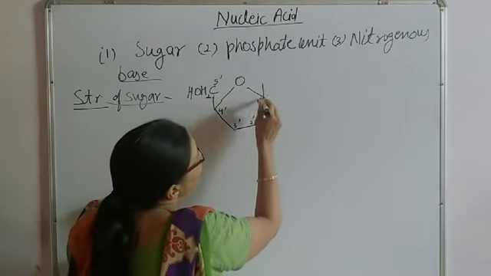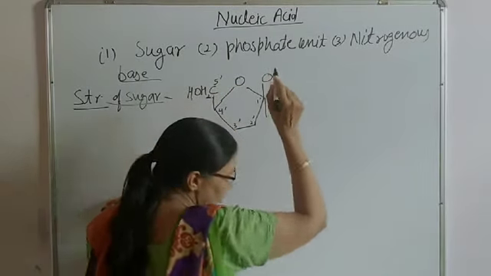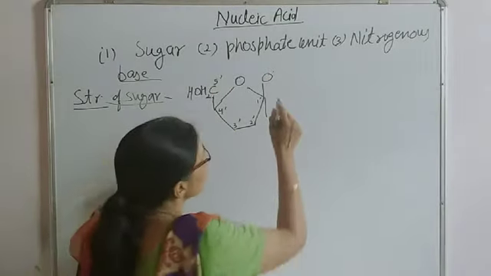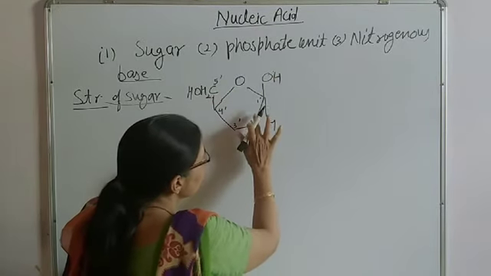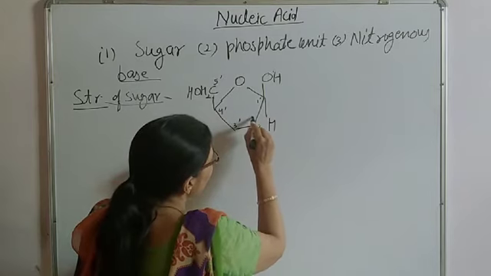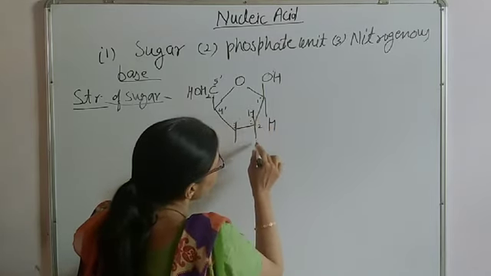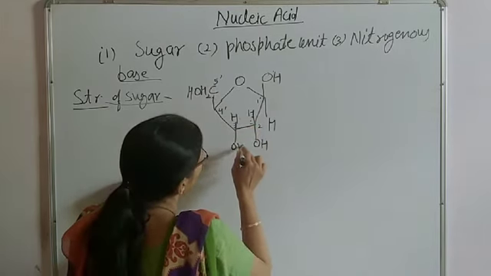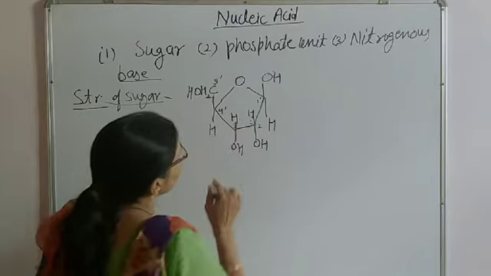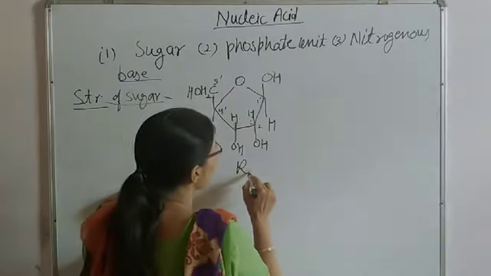At position 1, the OH group is above and the hydrogen is here, and at position 2, H, OH, H, OH, H. This is the structure of ribose sugar.